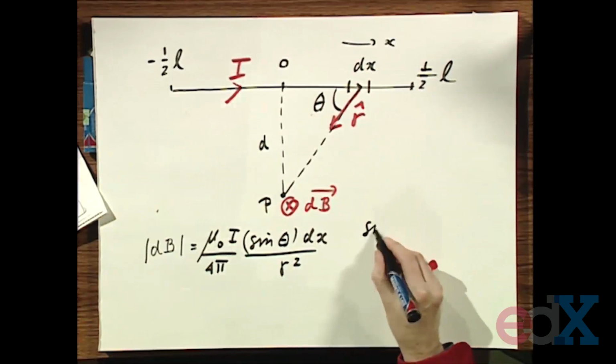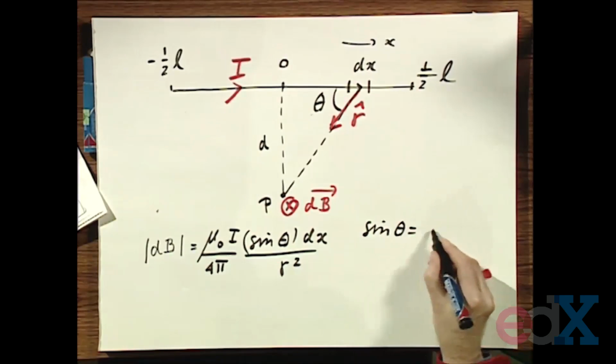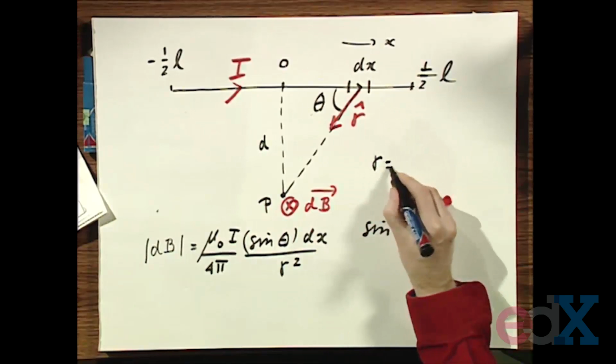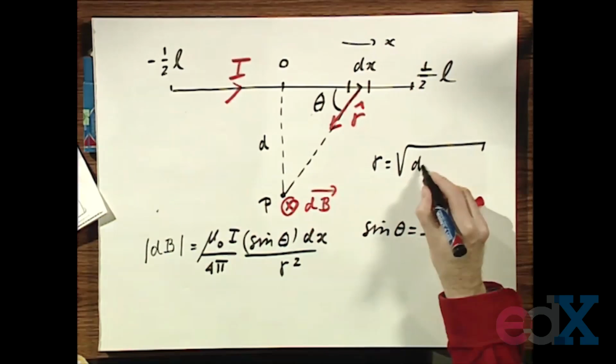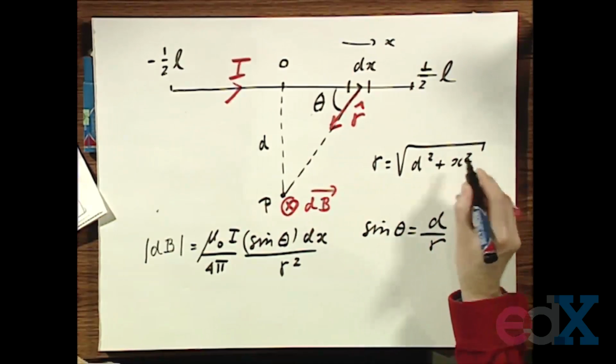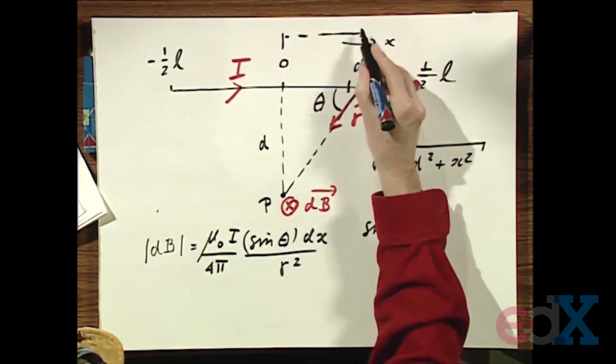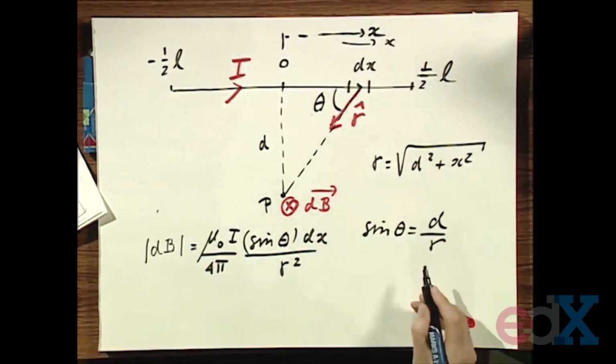Well, I also know that the sine of theta equals d divided by r, and I also know that r equals the square root of d squared plus x squared, if I call the distance from here to my element that I have chosen x.